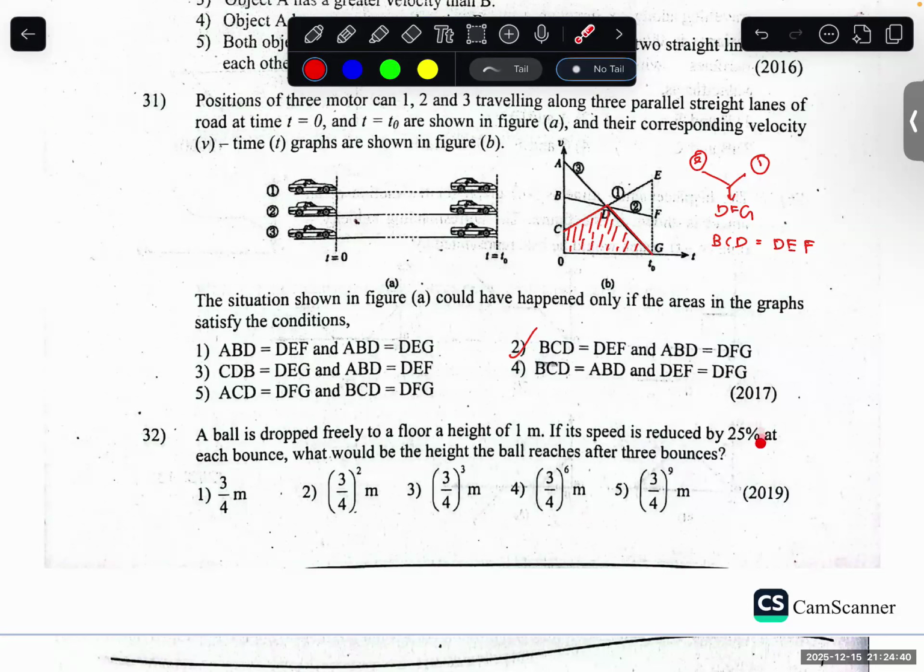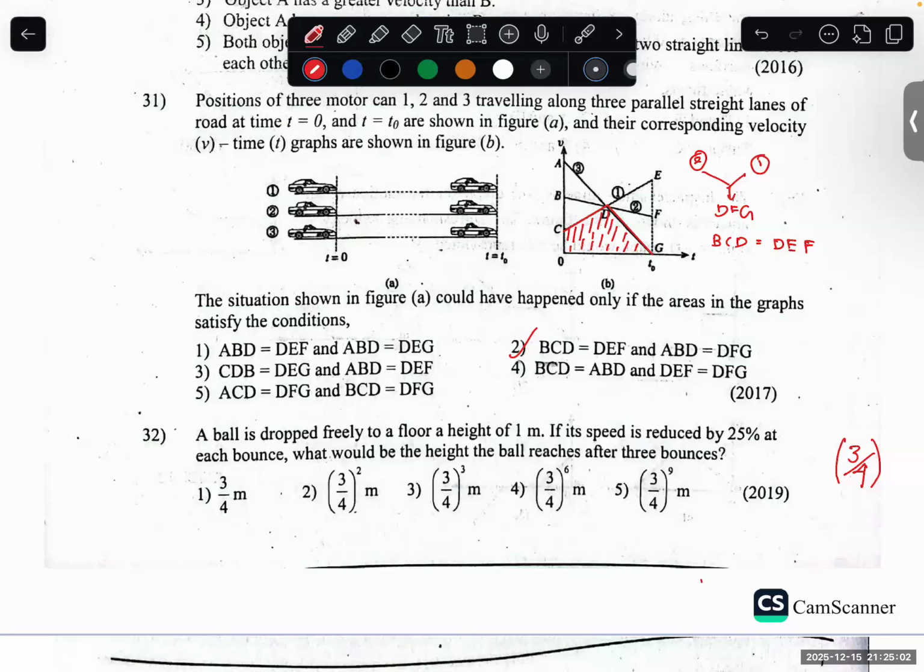So speed decreases by 25% means 1/4 is lost. So what is retained? 3/4. Yes, 3/4 will be the subsequent velocity after the collision with the ground.